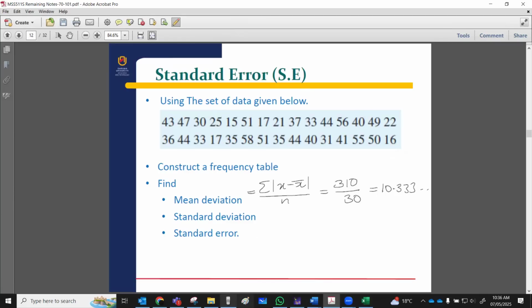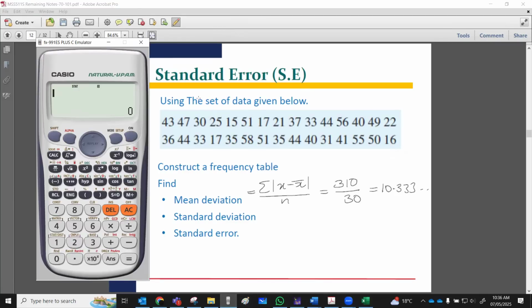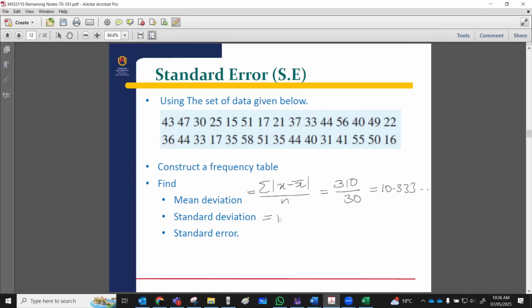Now, standard deviation, I already entered all these into the calculator, so I can just work out my standard deviation: shift, and then for standard deviation, option number 3, and I'm getting 12.413.